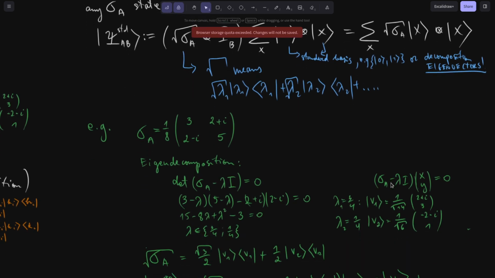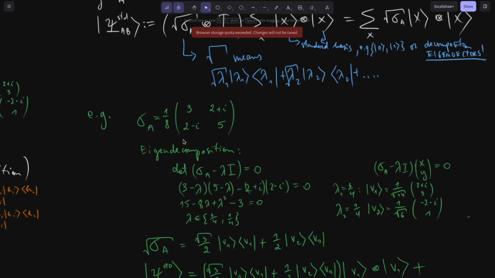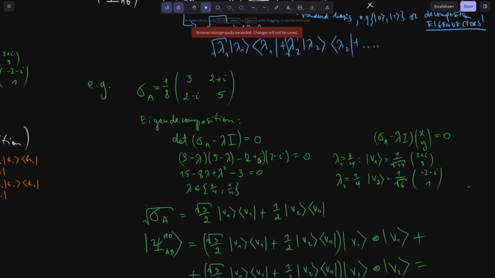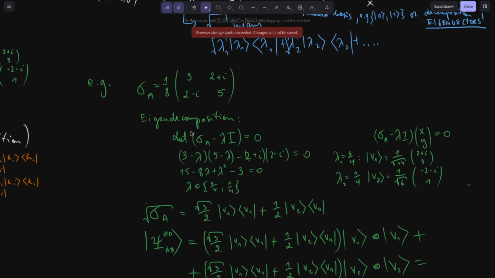So, an example. We have this state, this matrix. And we do eigendecomposition because it's a Hermitian matrix, because it's a state, right? It's also trace one. So we calculate eigenvalues. We have this determinant formula. I'm not gonna expand on this, but we apply this formula and we calculate the eigenvalues.